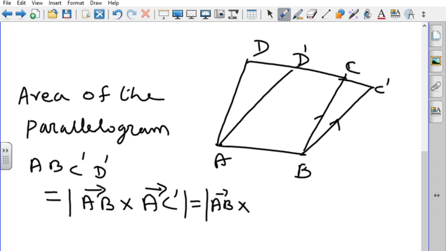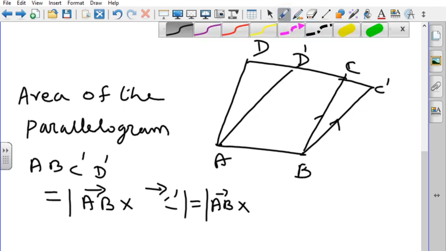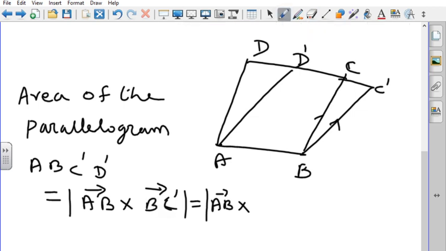So I have drawn the diagram like this. So AB vector cross BC dash. We will take this as B. So BC dash is equal to, because both are adjacent sides, AB vector cross BC dash vector is equal to AB vector cross BC dash, which can be written as BC vector plus CC dash vector.